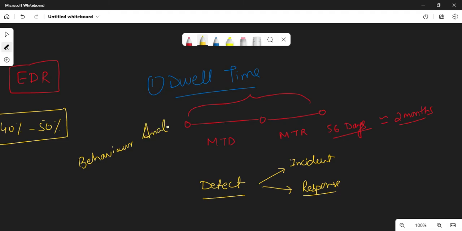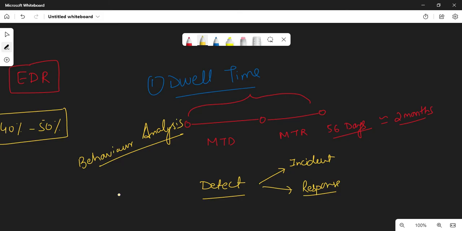So they are continuously doing the behavior analysis, how the file is running inside the machine. Is it running the way it should be, or is it doing some sort of malicious activities, trying to manipulate your registry keys, trying to encrypt your hard drive, or trying to run any PowerShell scripts which can be dangerous to your endpoint.